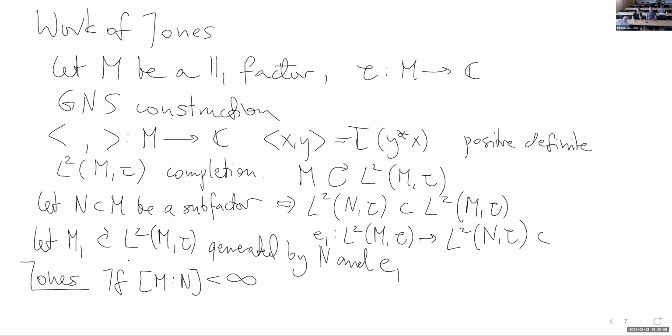If this is finite, then first of all, N is also a II_1 factor, and also M1 is a II_1 factor. And the index of M in M1 is the same as this index.